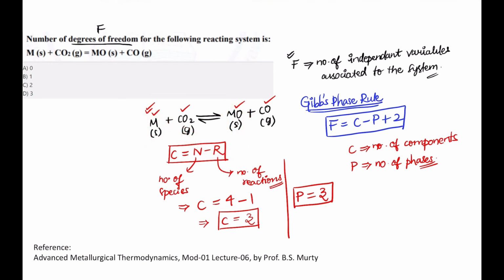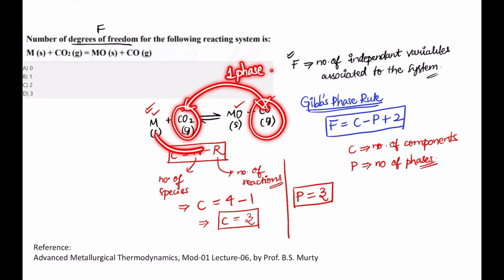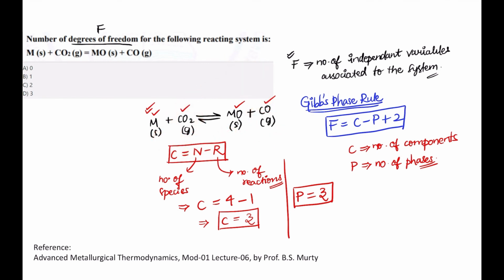You cannot actually separate them or differentiate them. Therefore, these two gases together are taken to be only one phase, whereas because you can easily differentiate them, each individual solid is taken to be a separate phase. So the overall phases are three.